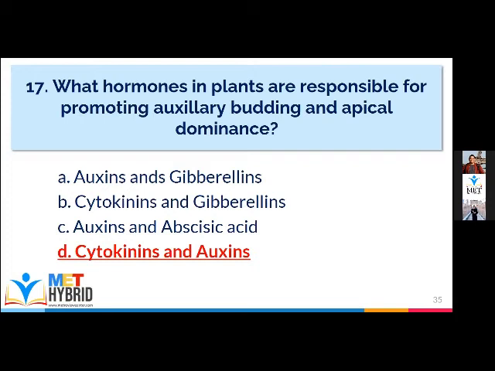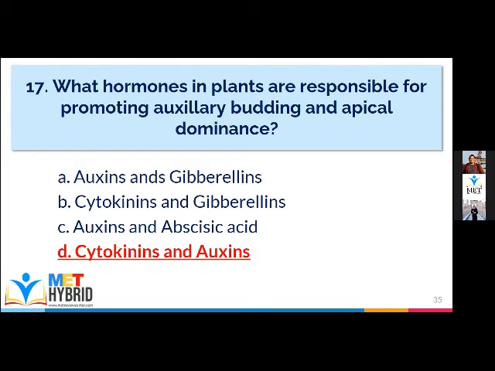Gibberellin, take note, is for production of flowers and seed germination. So abscisic acid is for seed dormancy or plant growth dormancy, meaning it slows down the development of the plant. Gibberellin accelerates the production and germination of seeds. So they are antagonistic to one another.